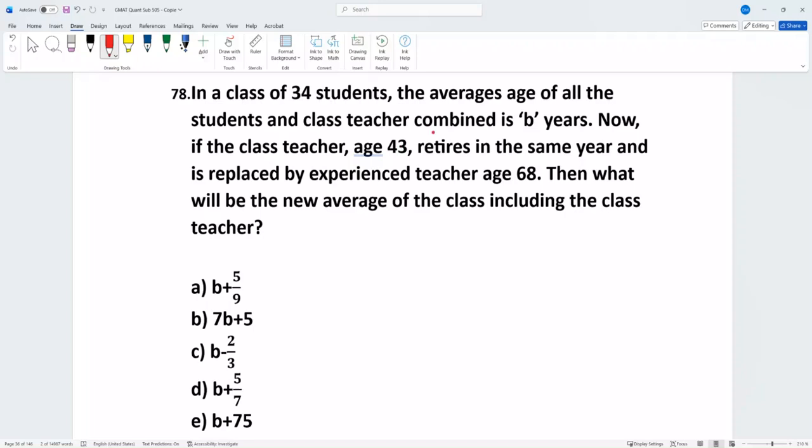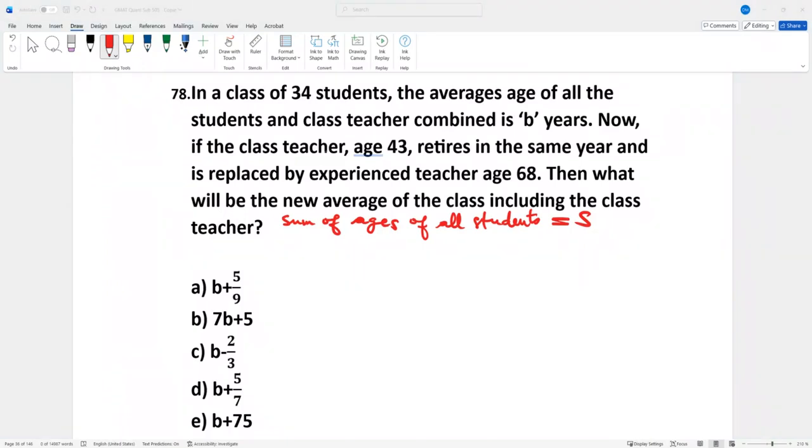So let's start first by saying that we acknowledge that the sum of ages of all students is equal to S. Okay, that's the first thing that we can put here.